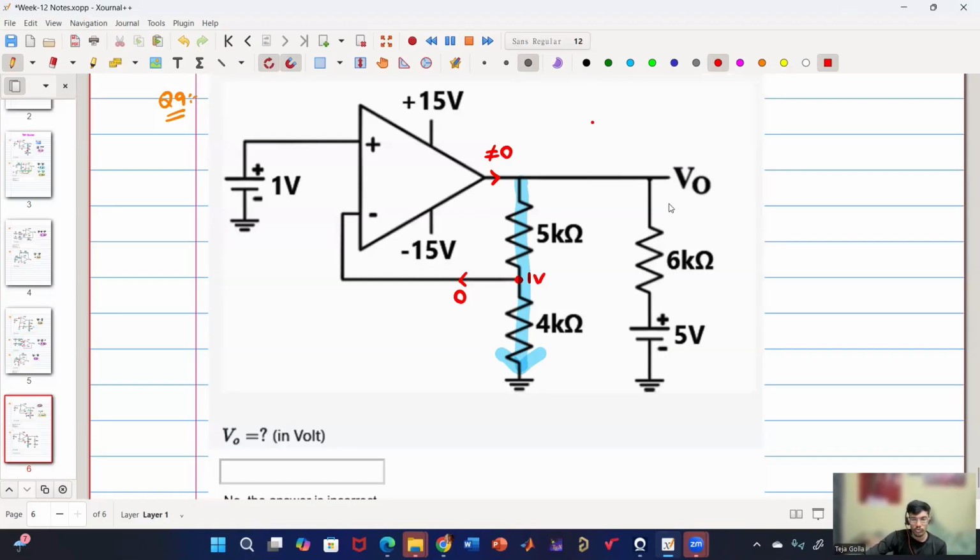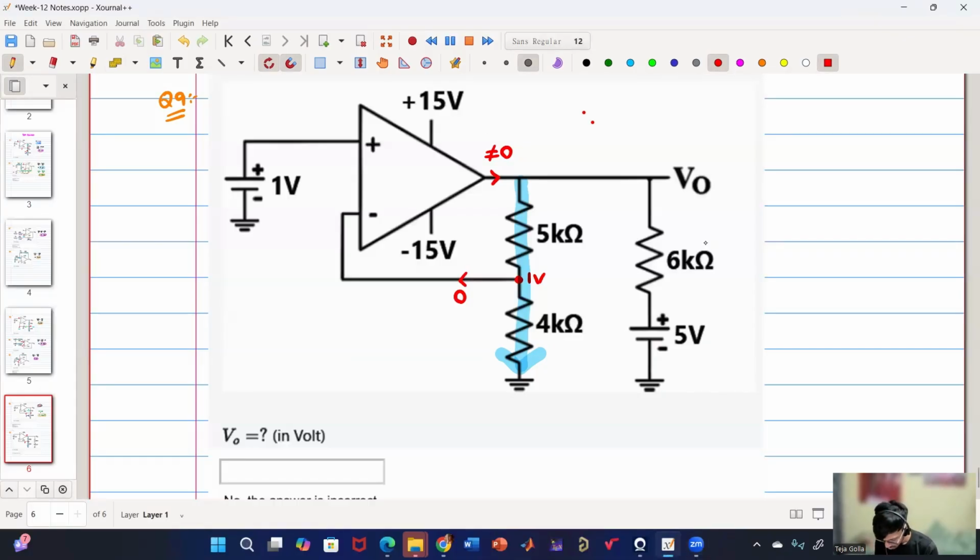So Gyanendra says 0.25. Let us see if it is correct or wrong. So now if we apply KCL, what is the current that we are getting through 5K and 4K? Both are the same, right? So what will be the expression? So Gyanendra says V0 minus 1 by 5K equal to 1 by 4K.